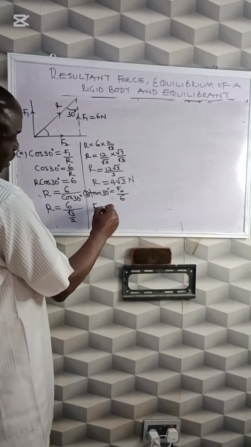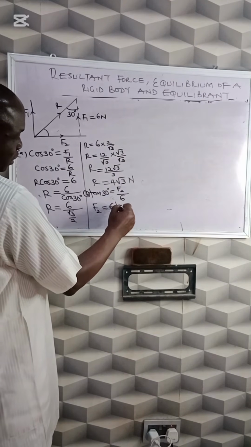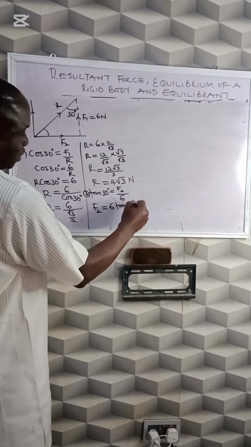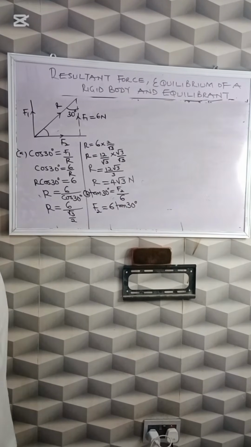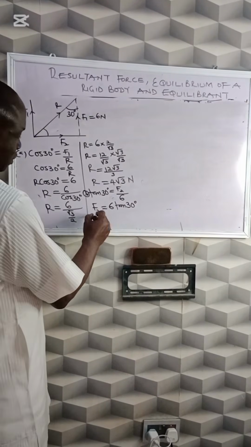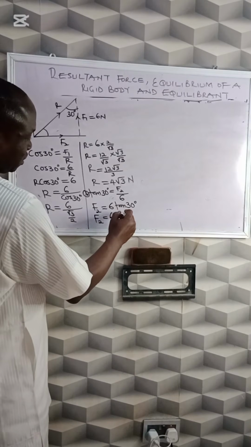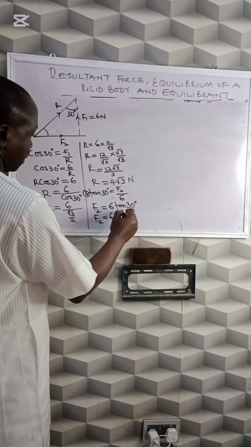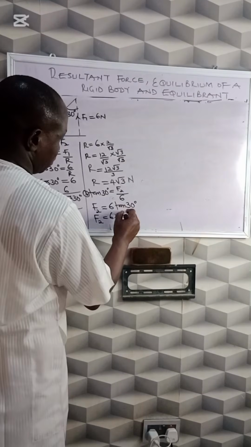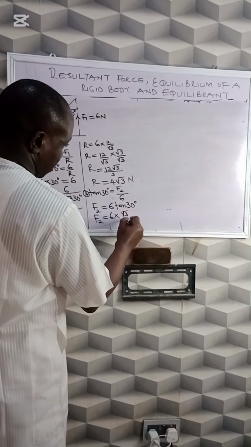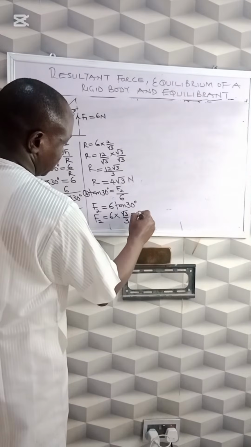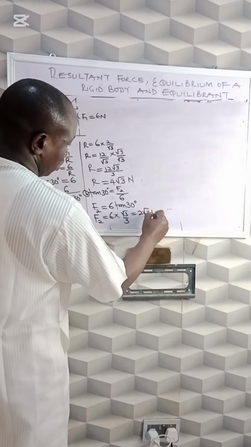So F2 now will be 6 tan 30 degrees. Tan 30 degrees is 1 over root 3 or root 3 over 3. If you multiply, this will be 2 root 3 Newton.